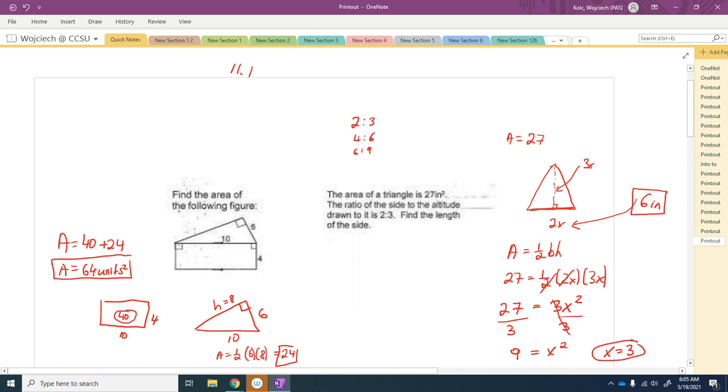If x is 3, this side would be 9, and 6 times 9 divided by 2 will give you 27. So the answer is correct.